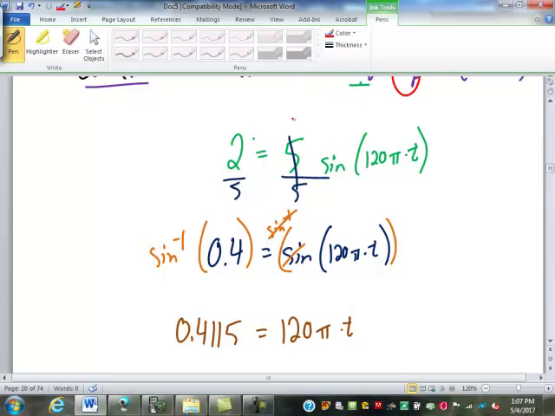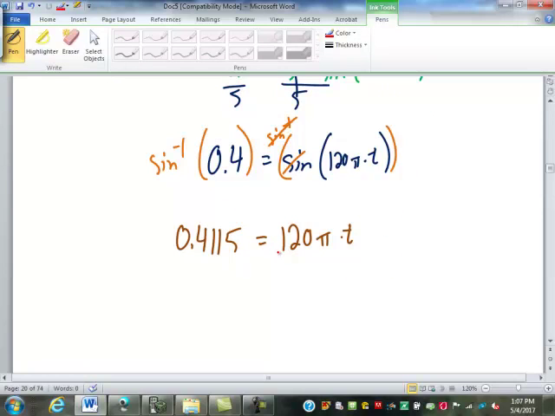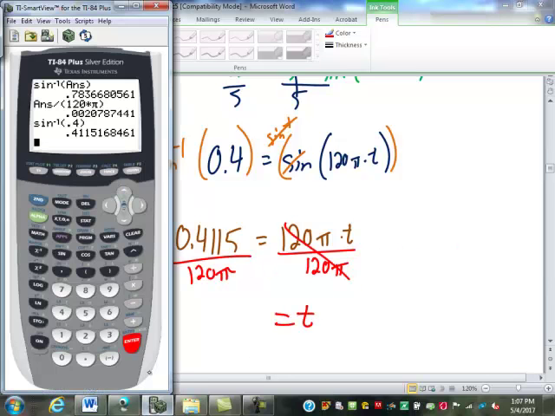What do we have to do now? Divide by 120 pi. So that's gone. That's t. Now remember, on our calculator, we take that 0.4115 divided by, and in parentheses, 120 times pi.